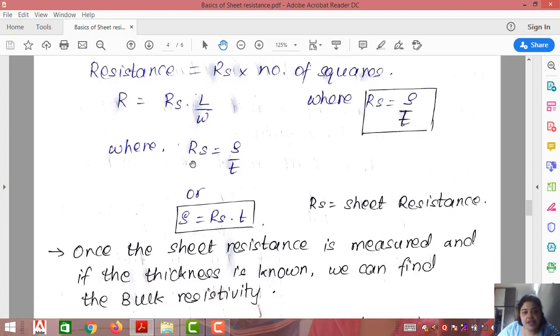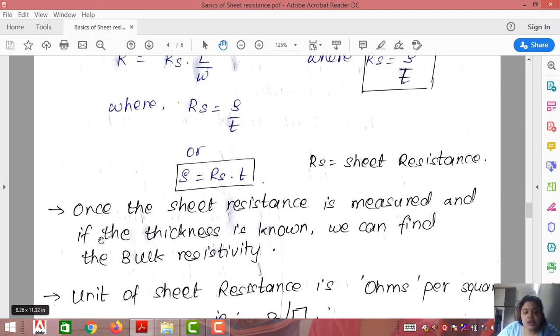So we can define sheet resistance as the bulk resistivity divided by thickness. So if you find sheet resistance and the thickness is known, we can calculate the bulk resistivity as RS times T. Once the sheet resistance is measured and the thickness is known, bulk resistivity can be calculated.